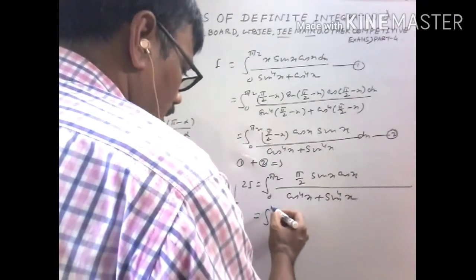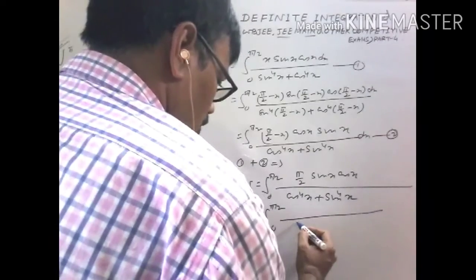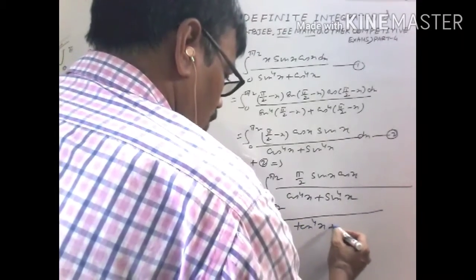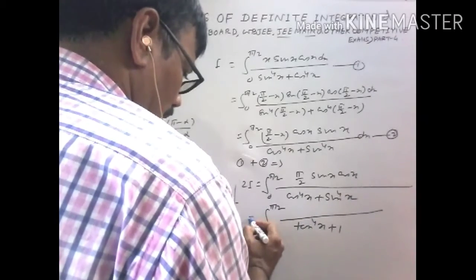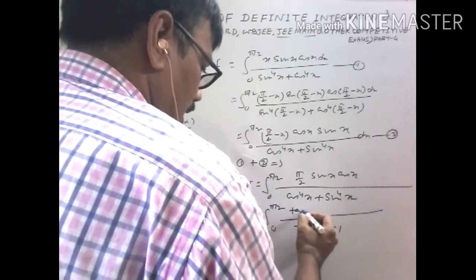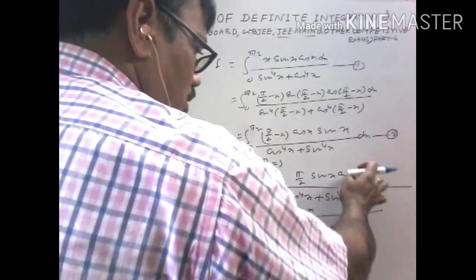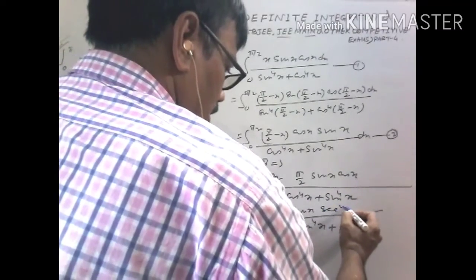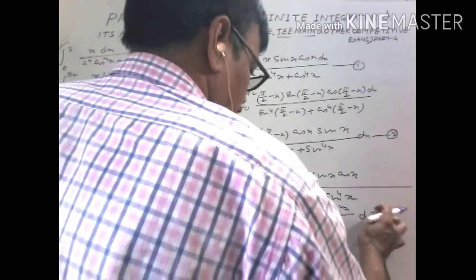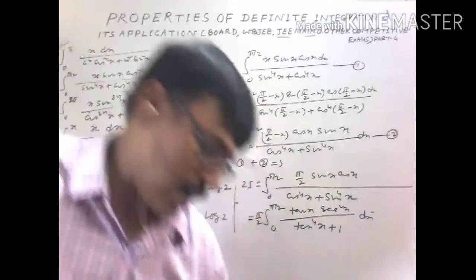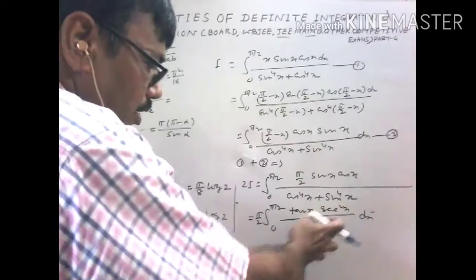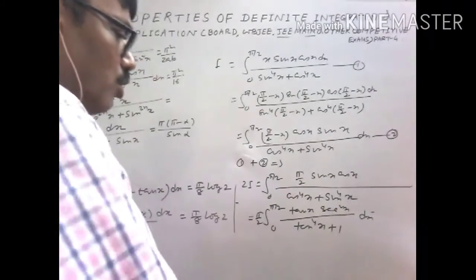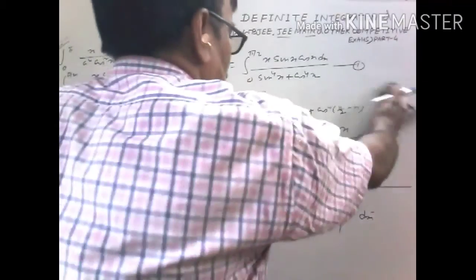if we multiply it by sec to the power 4x. So this is tan to the power 4x plus 1. This is tan to the power 4x plus 1. So pi by 2 outside. And this is tan x into sec square x dx. Now if we put tan square x equals to z, then the derivative of tan square x is 2 tan x sec square x.